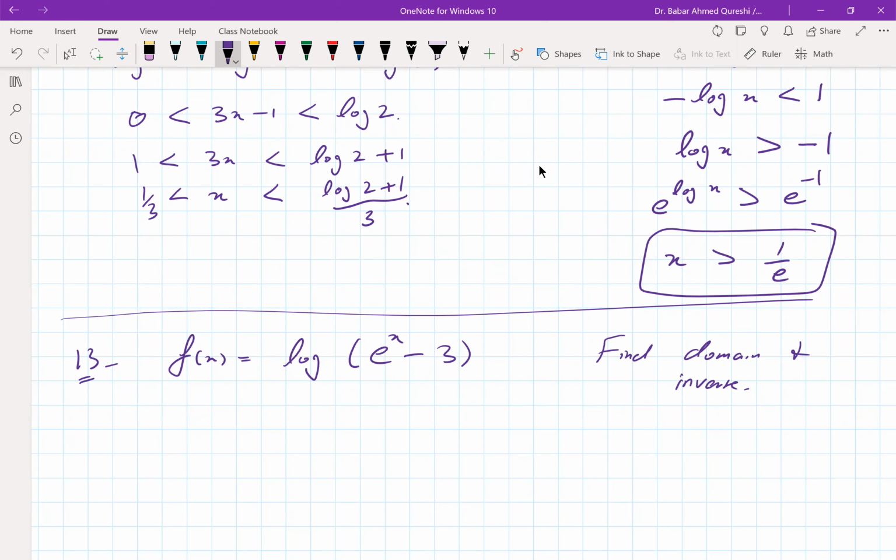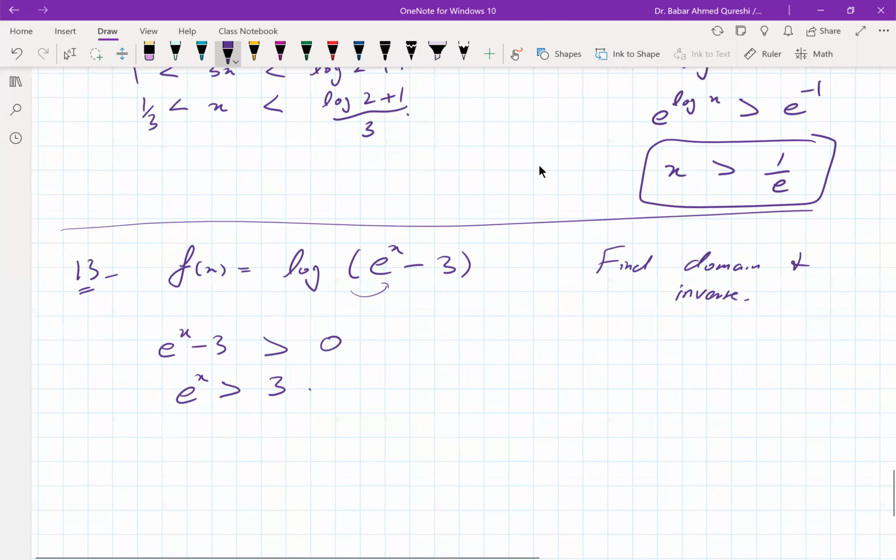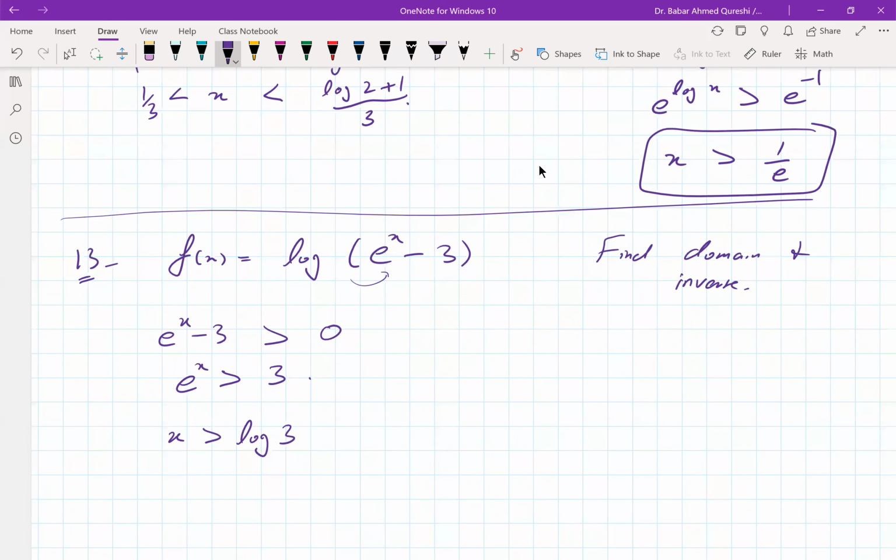So for domain, log must be fed something bigger than 0. So e^x minus 3 has to be greater than 0. So e^x is greater than 3. And that means x is greater than log of 3. That means the domain of f of x is x such that x is greater than log of 3.